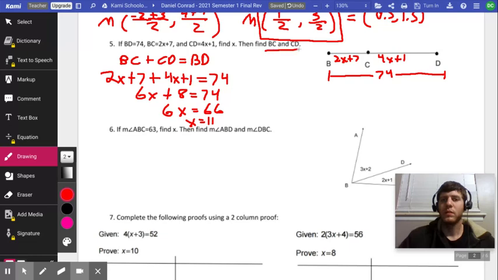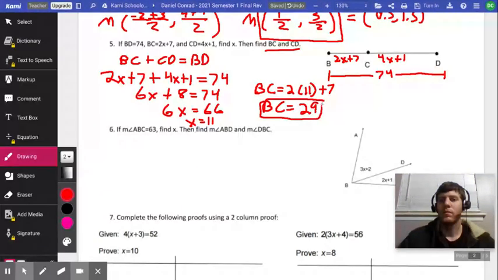Okay, we're trying to find BC and CD, though, so we can plug that in. So BC here is going to be 2 times 11 plus 7. So BC is going to be 22 plus 7 is going to give us 29. Okay. CD over here is 4x plus 1, so that's going to be 4 times 11 plus 1. We're substituting in 11 here.